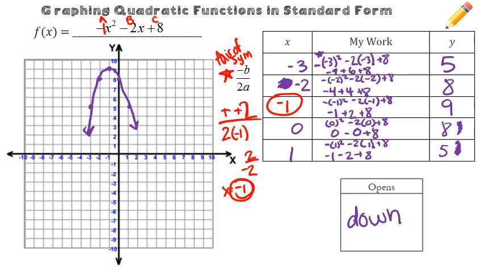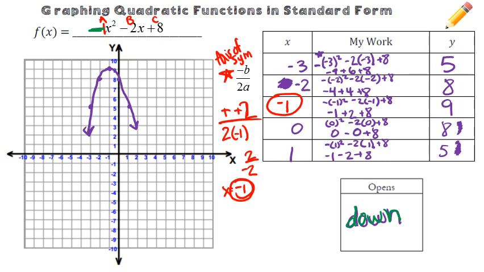Why? Because this is negative. When the leading coefficient's negative, it's down. Well, guess what? That's exactly the same as absolute value rules. So we've actually already spent a lot of time on that. Same rule applies.